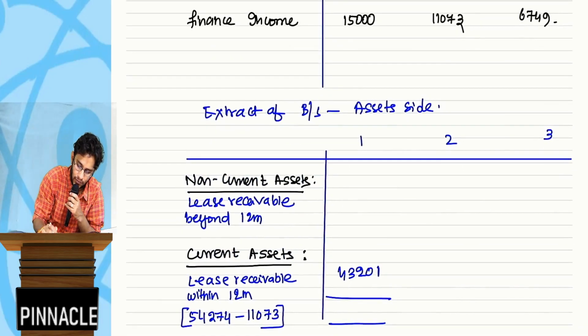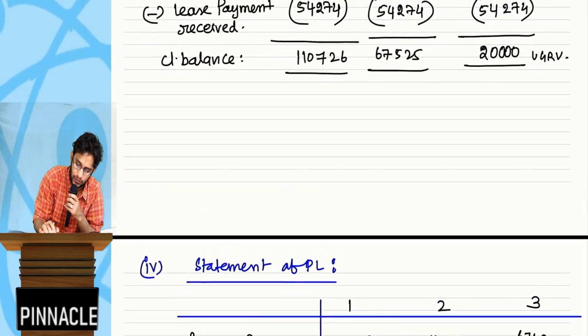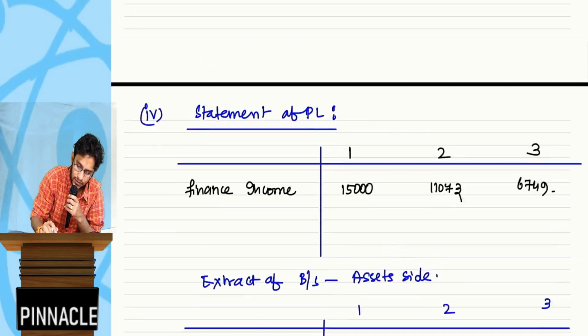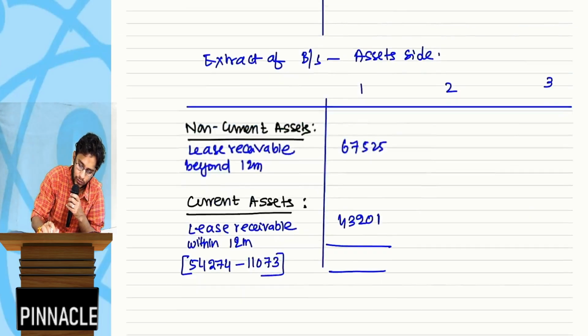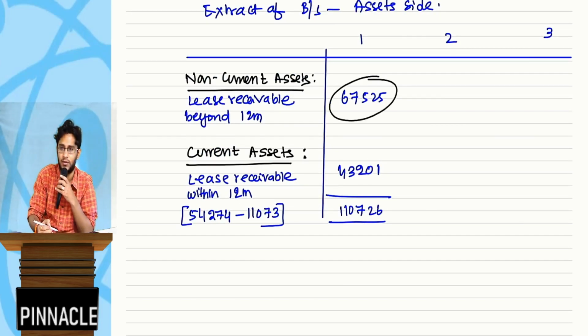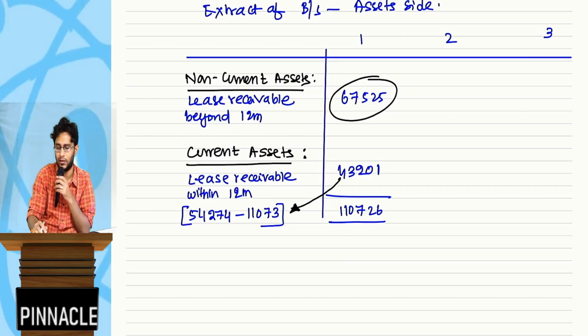You can also take the next year's closing, 67,525, that also will work. Or what I suggest is, in the total place you write this 110,726, and the rest automatically becomes a balancing figure. If you work out the current part correctly, non-current will be the balancing figure. That is the easy version.